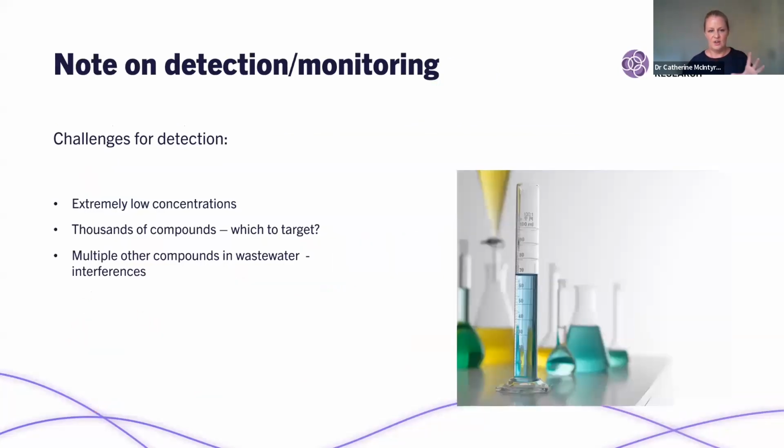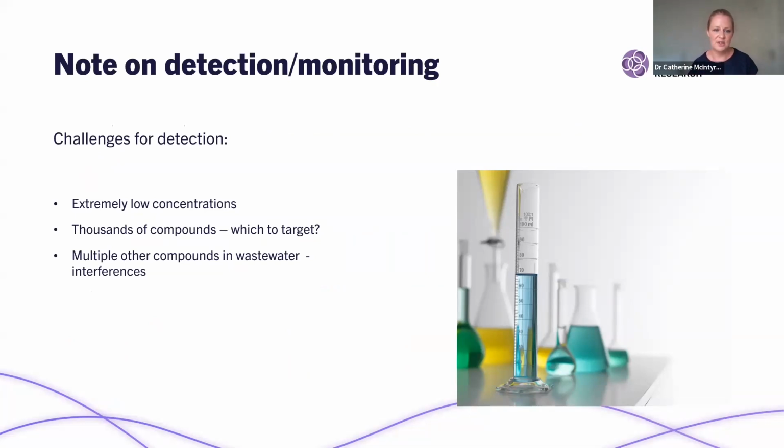And then just a note on concentration and detection and monitoring. These very low concentrations make detection very challenging. And in fact, it's not just the low concentrations, it's the thousands of compounds. So which do you target in an analysis? Analysis is expensive and time consuming.